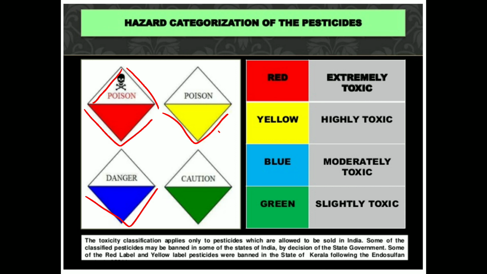And if the infestation is higher, then at that time we use the yellow triangle, or highly toxic. Otherwise a green or blue triangle, that colored fungicide, is sufficient to kill different kinds of diseases. So here we discussed all the triangle colors or toxicity levels of fungicides based on the color of the triangle on the fungicidal box or packets.